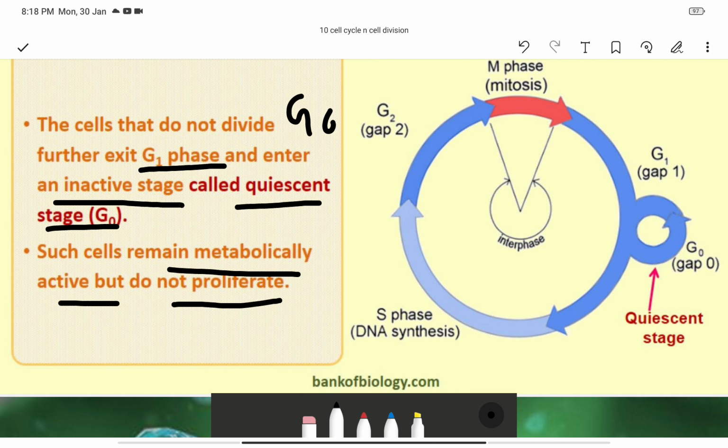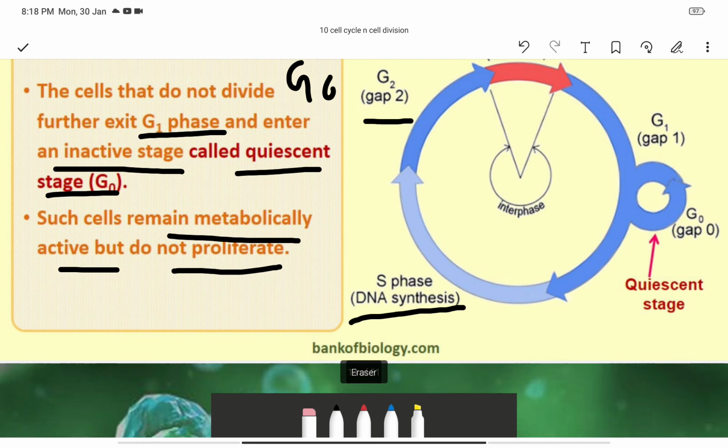In this picture, this is interphase, G1 gap 1, and here is G0. In the S phase, DNA synthesis takes place. Then the G2 phase, and after that the M phase. Got it?